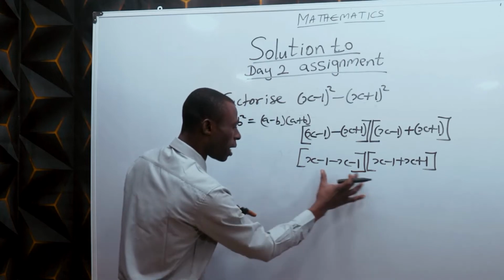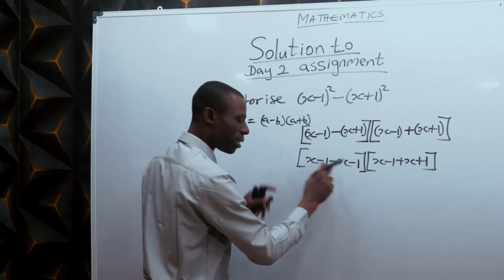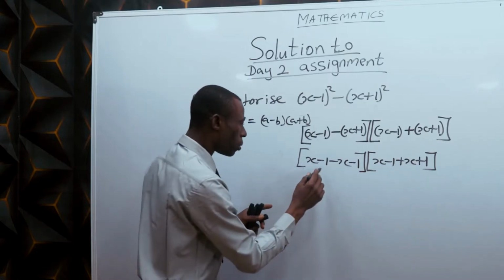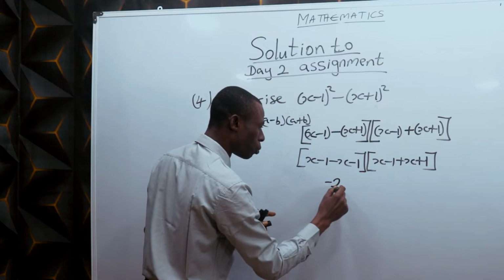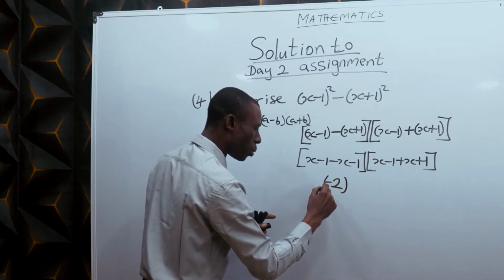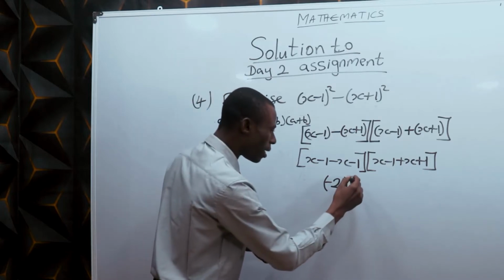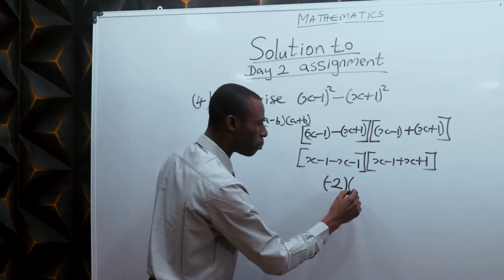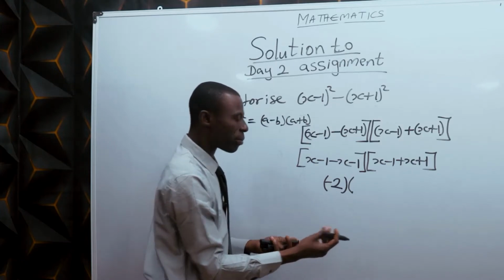So, now let's simplify inside this larger bracket. x minus x, that's 0. Negative 1 minus 1, that's negative 2. Put a smaller bracket now, because we have only one item inside. Open another smaller bracket, believing that this also will be reduced into 1 or 2 items.